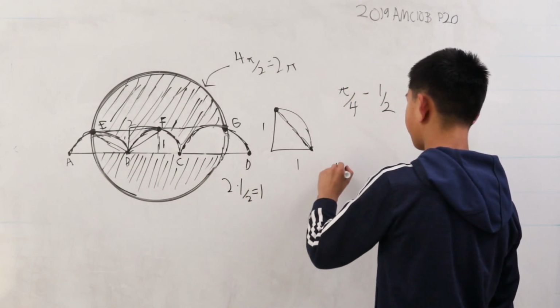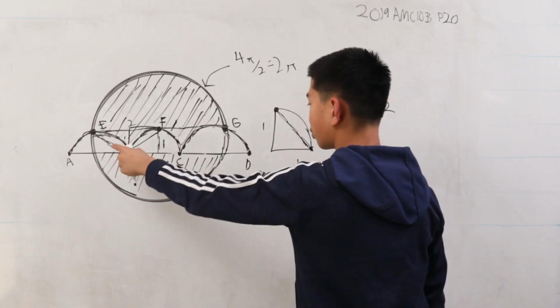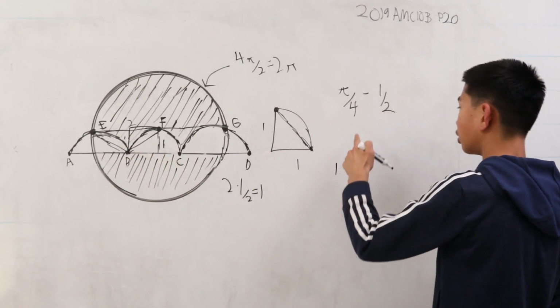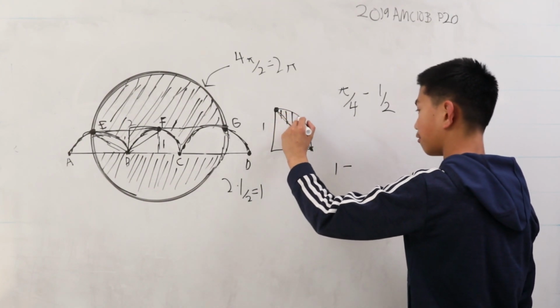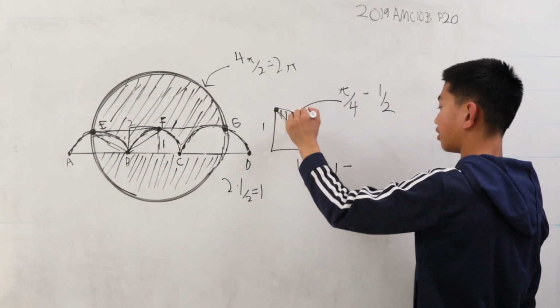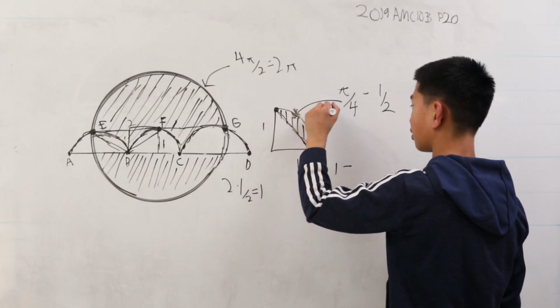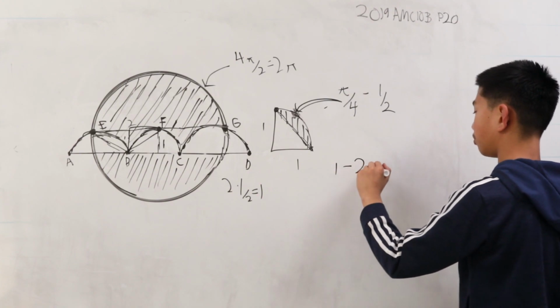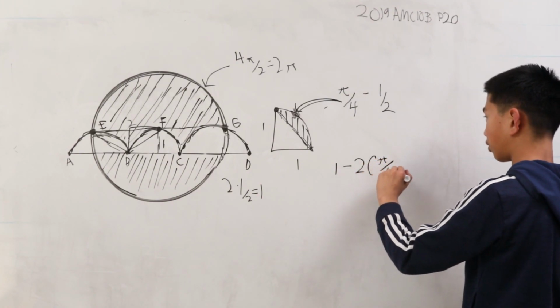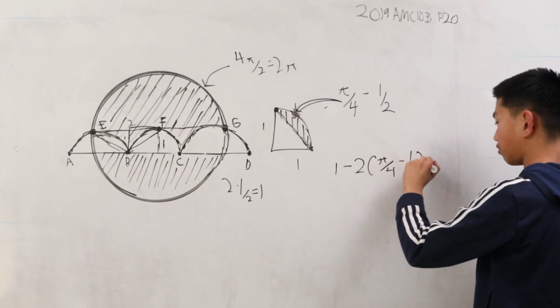So the total area is going to be 1 minus, well, there are 2 of these on each triangle, so 2 times the area. Just to be clear, this is the area of this. So this is 1 minus 2 times (pi over 4 minus 1/2).